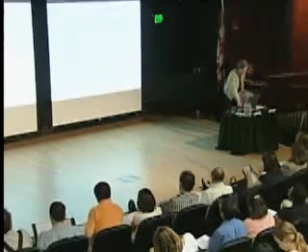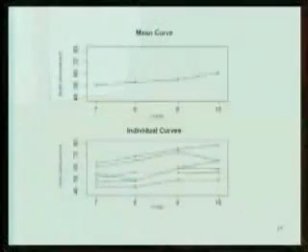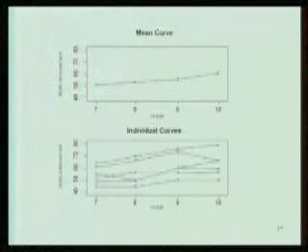So the first example we're going to look at is from the LSAY data that Bengt talked to you about earlier. And we're going to look at math achievement in grades 7, 8, 9, and 10. And these are the same plots that he showed you earlier.